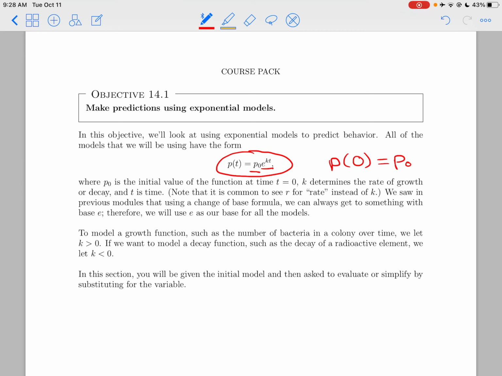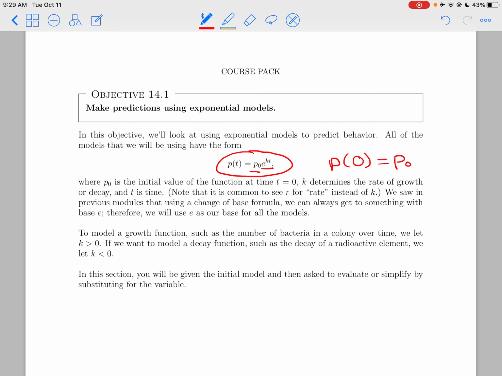So as t gets larger when k is negative, I end up with 1 divided by a larger and larger number. So 1 divided by a number that gets larger and larger means that I end up with a value that gets smaller, which gives me a decay model.